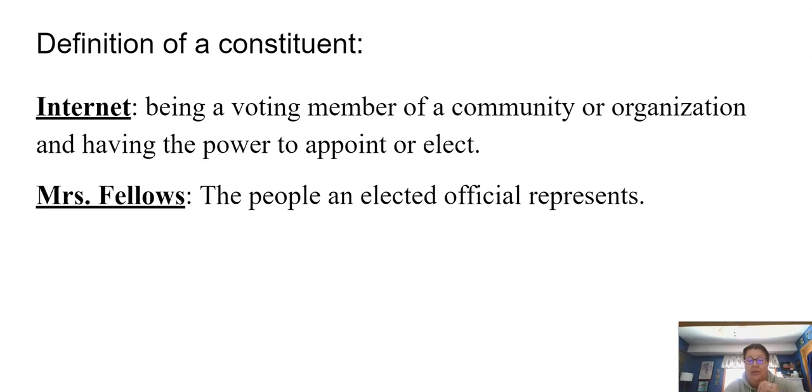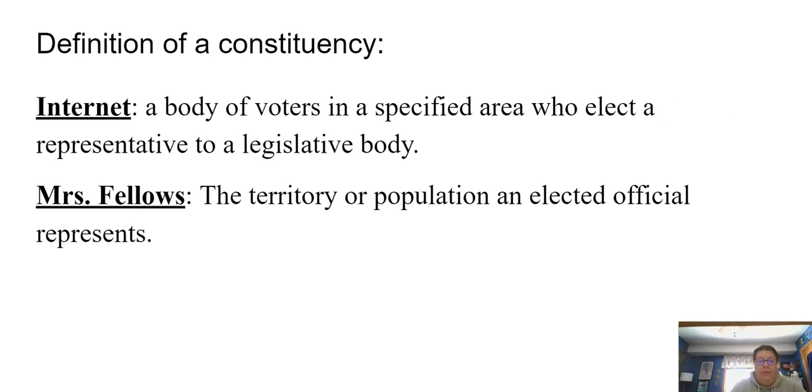So a constituent is a person or a population that an elected official is tasked to represent the interests of. So you are a constituent because there are people that have been elected to represent an area in which you live. So that's one term.